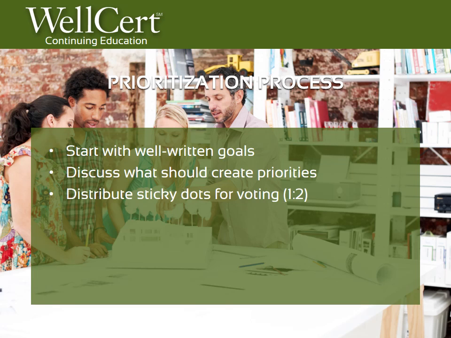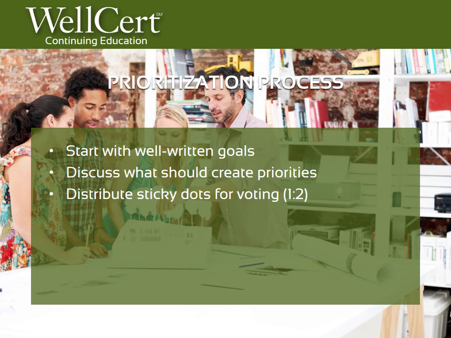And then once you've discussed some of those reasons for prioritizing goals differently, you then distribute to the group some sticky dots, the types of things that are used in marking files and things like that. They're just dots that can be put onto a piece of paper that allows the individual to vote for the specific issue.